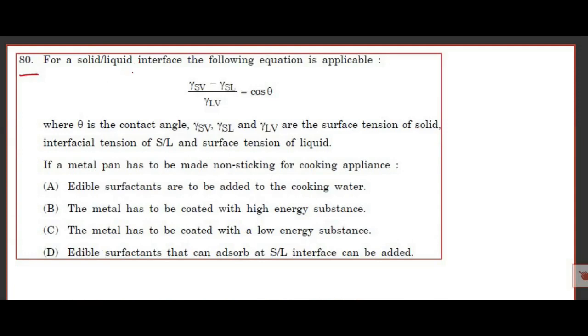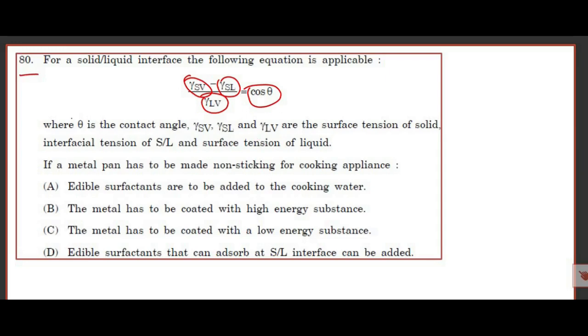For a solid liquid interface the following equation is applicable. Here they have given solid vapor, solid liquid and liquid vapor, and they have given cos theta, where theta is the contact angle. This SV, SL and LV are the surface tension of the solid interface and the surface tension of the liquid.